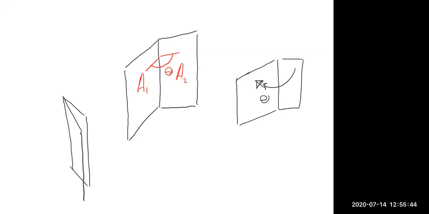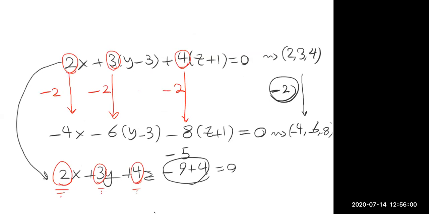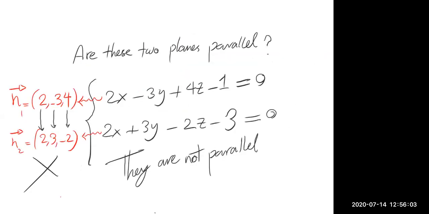I have a question super quickly about finding if the vectors are parallel. For the example you had before, do x, y, and z all have to be the same multiple? Yes, that's the point. For example, 2, 3, and 4 would have to be 4, 6, and 8. They are a multiple of each other because if I multiply the first one by 2, I would get the second one, right?